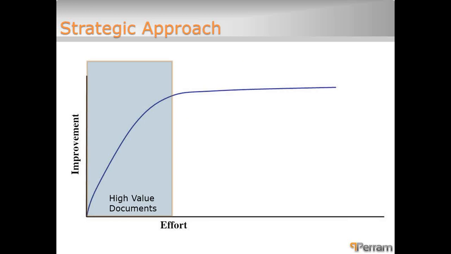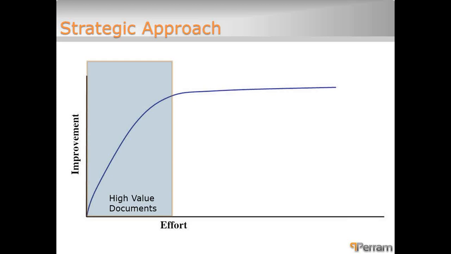Now, having said that, when we're coming at things from a purely strategic point of view, the migration can lose some steam because we've identified some high-value documents. And if the only goal is to move those into the ECM system, then we're not really taking advantage of so many other benefits that can be achieved through the migration.